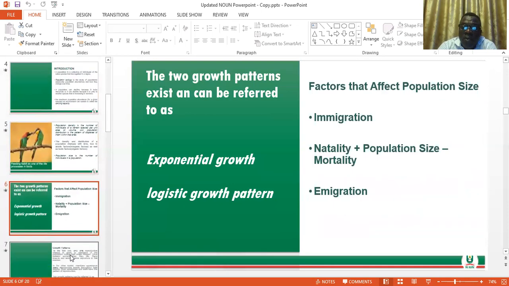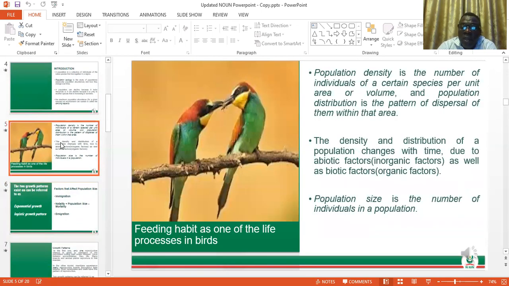Now we also talk about population density. It's the number of individuals of a certain species per unit area or volume. And the population distribution is the pattern of dispersal of them within that area. So it shows how these populations are spread across the areas.